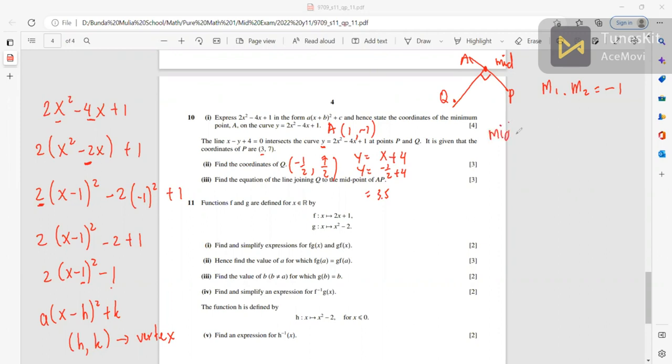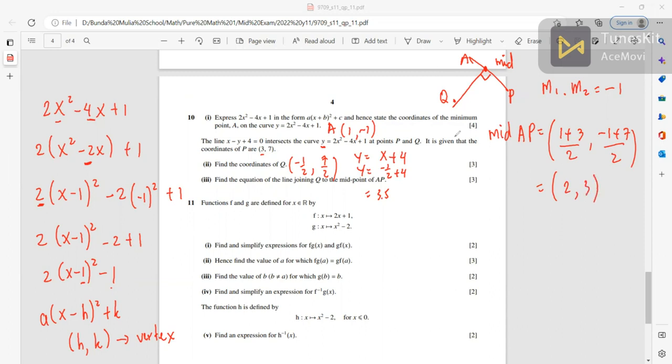Mid AP equals A is 1 plus P is 3 over 2, comma, minus 1 plus 7 over 2. So it should be 4 over 2, which is 2, comma, and then 6 over 2 is 3.